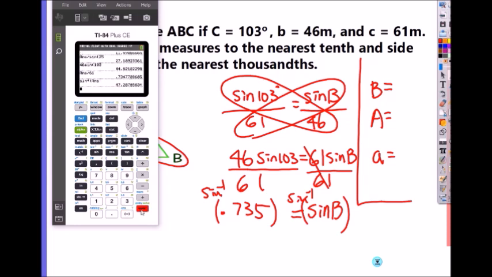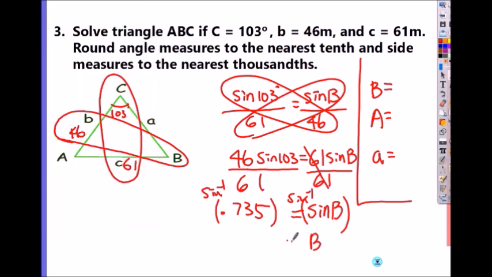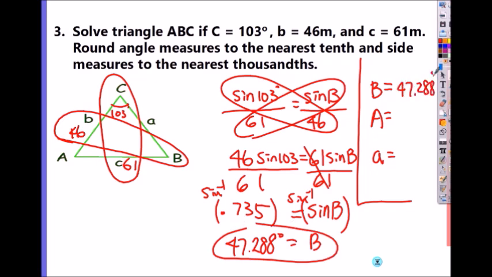So it is 47.288. 47.288 degrees is your angle B. Then what would you do? Right. You can find A by subtracting the other two angles from 180, right?